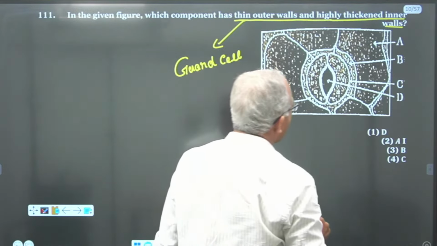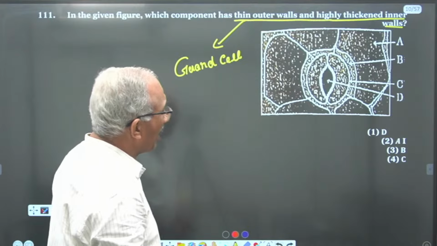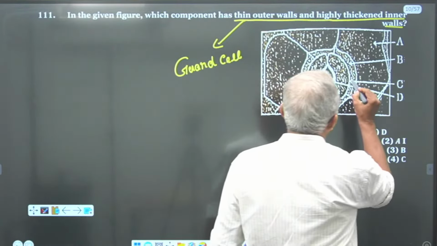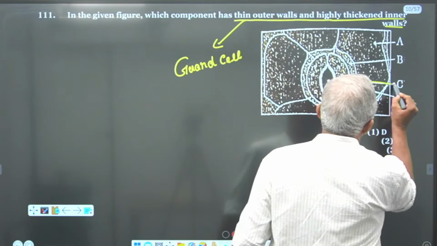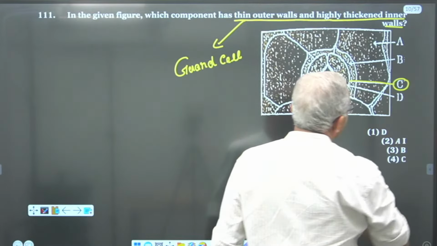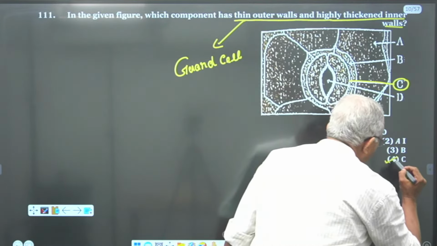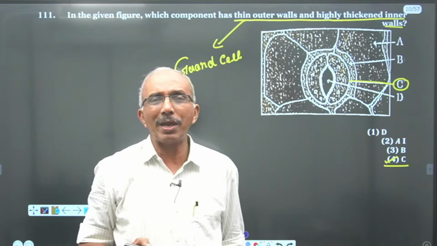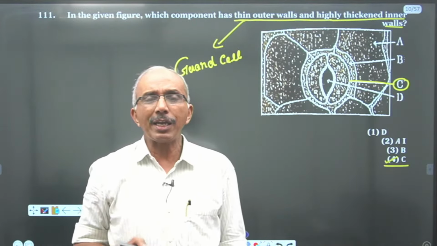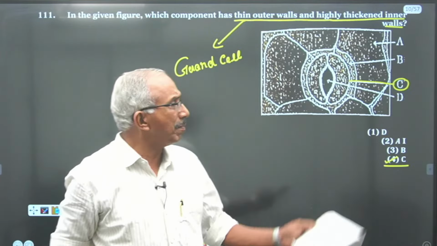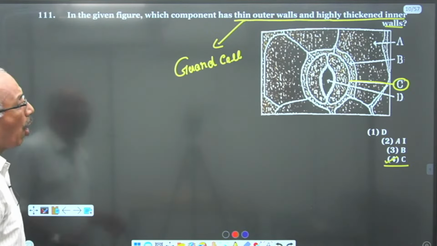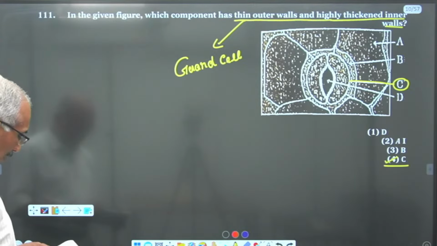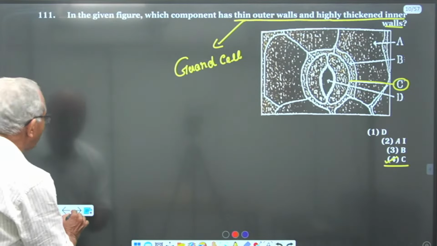The guard cell is denoted by C. C is the guard cell. So option 4. In the stomatal complex or stomatal apparatus, the guard cell marked in the diagram is C, which is given in option 4.